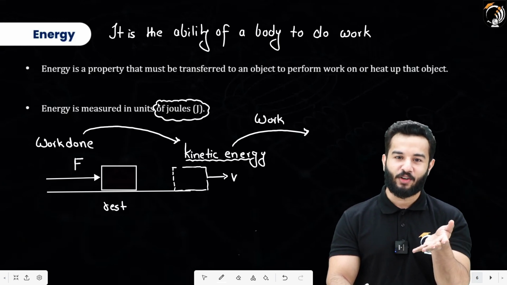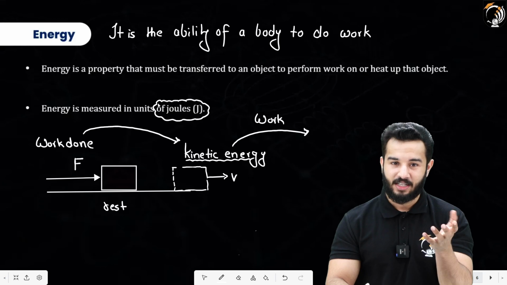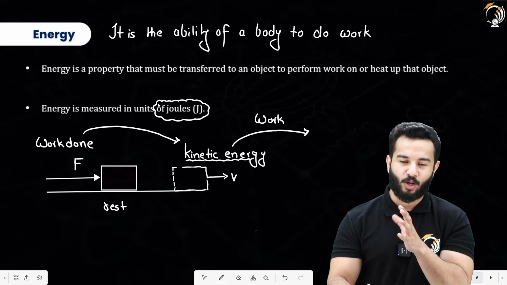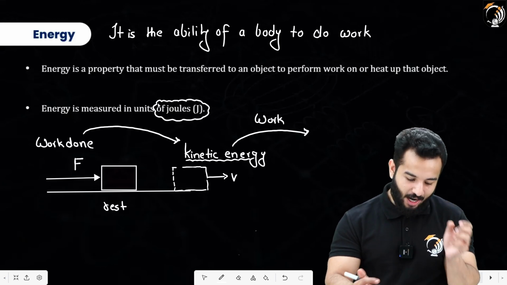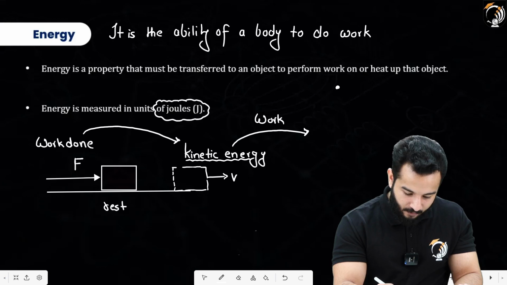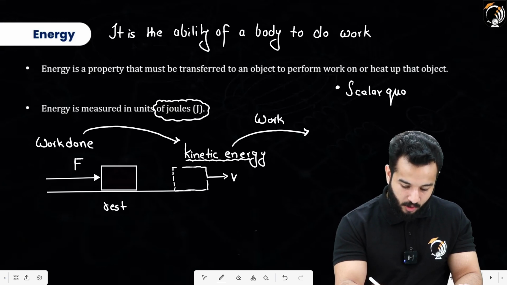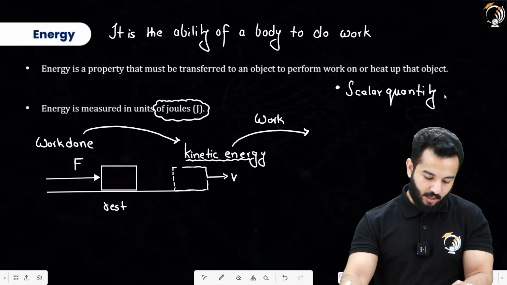And energy is of different types. It could be sound energy, light energy, heat energy, any energy, right? We are going to talk about all of those types of energy. For now, if it is work, the SI unit will remain the same. So will the property, like it is also a scalar quantity. This will also remain the same, right? So this is also a scalar quantity.